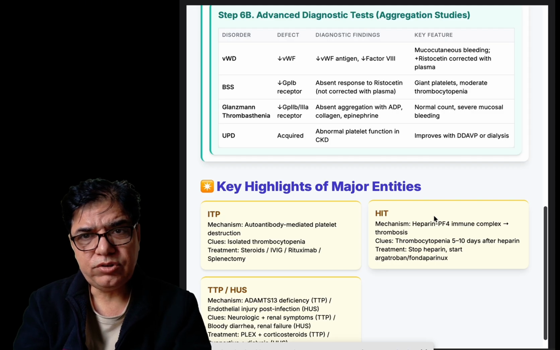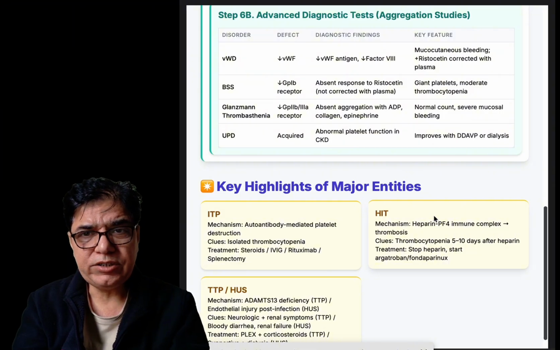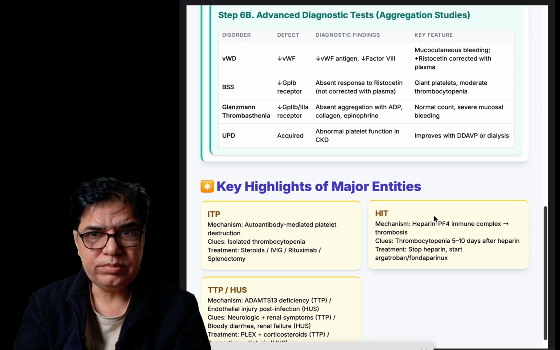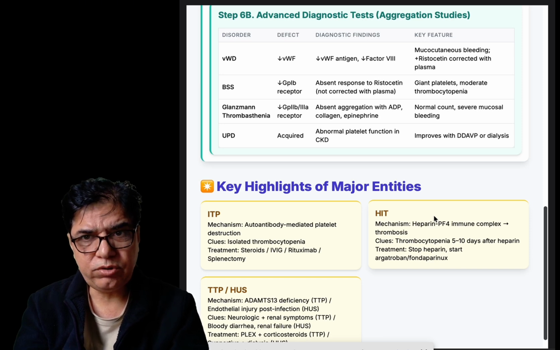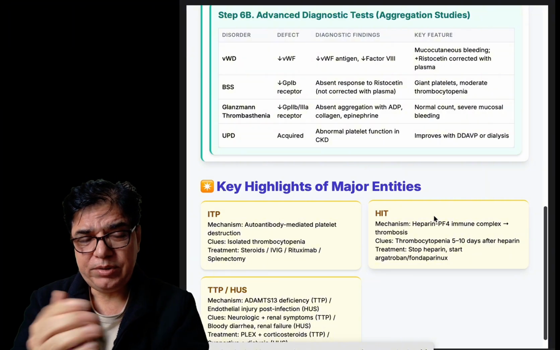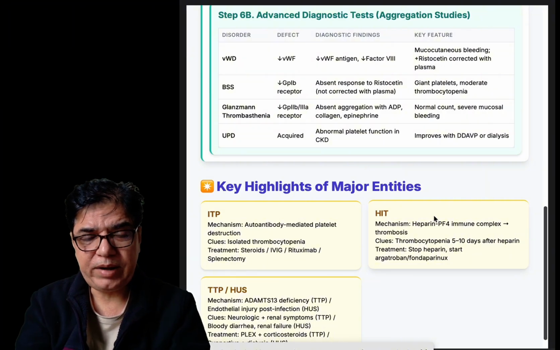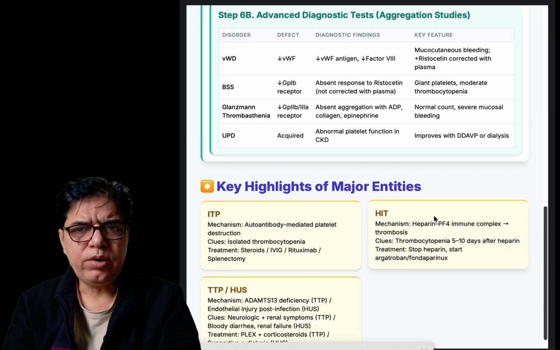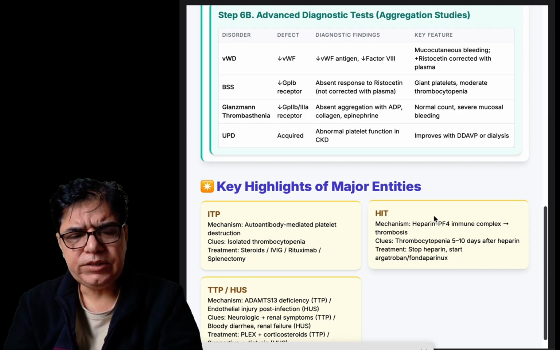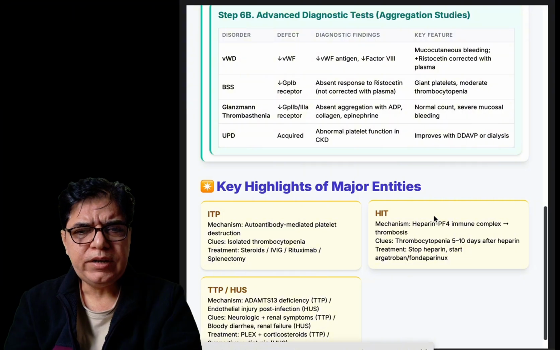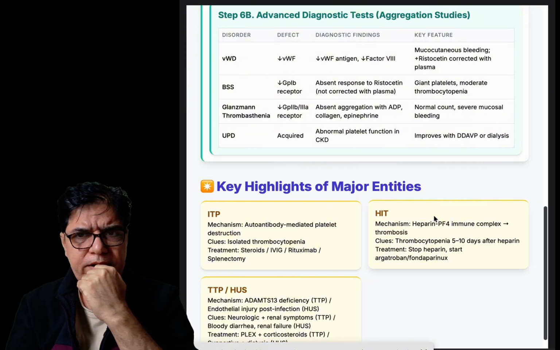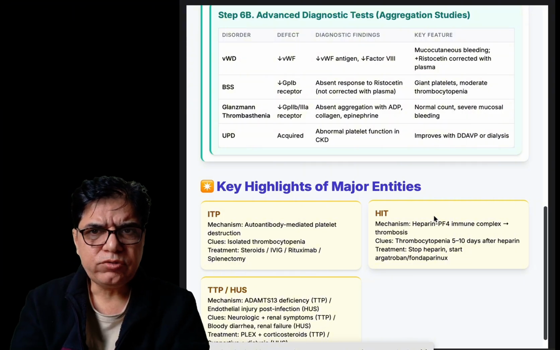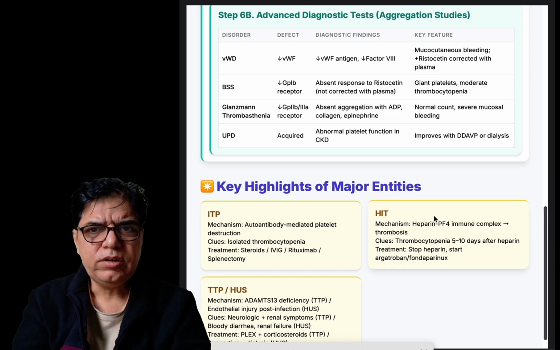If that is normal, you have to go for platelet aggregation studies to detect if the child has other qualitative platelet disorders like Bernard-Soulier syndrome or Glanzmann thrombocytopenia, which can be diagnosed based on these platelet aggregation studies. So this was, in a nutshell, how we work with platelet disorders, and how we further classify and differentiate between various causes which can cause platelet problems.